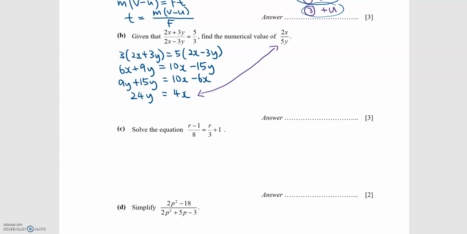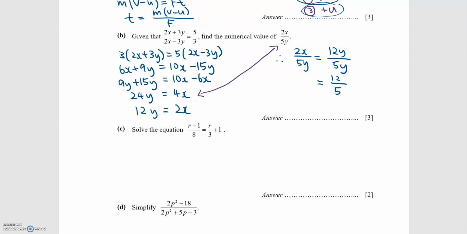And we have 24y equals to 4x, which can be simplified to give me 12y equals to 2x. So if I want to find the value of 2x over 5y, 2x is equals to 12y. So I can do the substitution. And to simplify this, the numerical value of 2x over 5y will be 12 over 5. So this is my answer for part B.